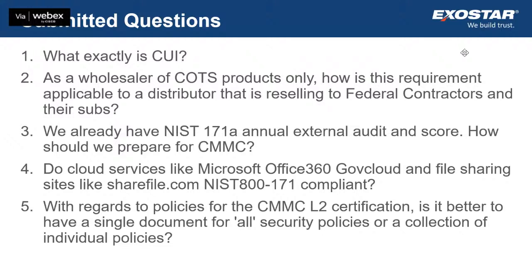So there are 14 control families, and there are 110 individual controls in NIST 800-171. So you'll typically write a policy for that control family. It'll address all those different controls within that policy.